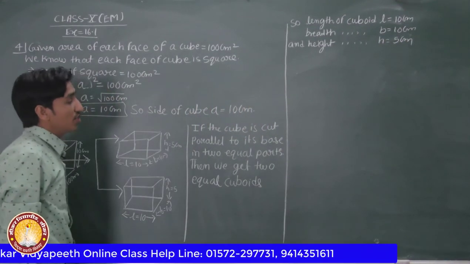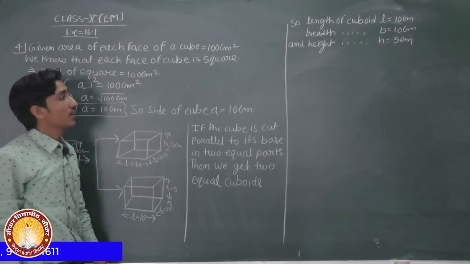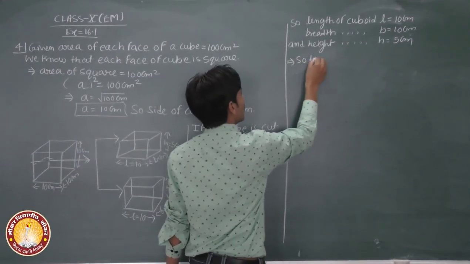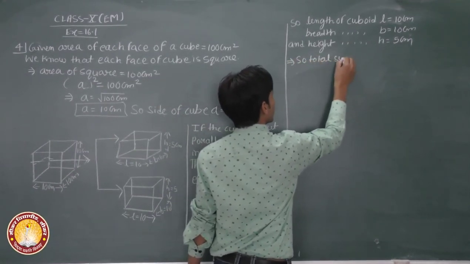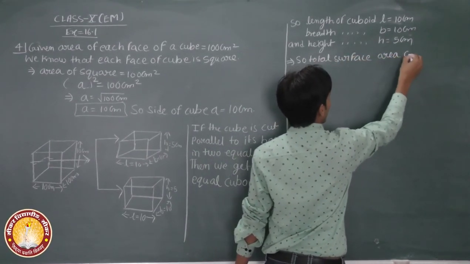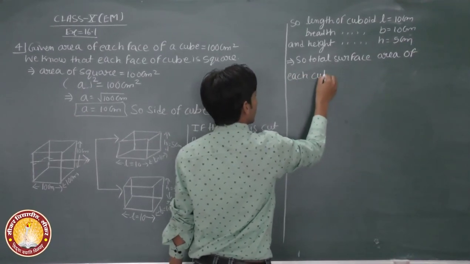And then you find the total surface area of the cuboid.